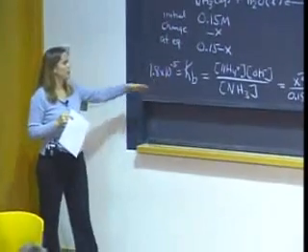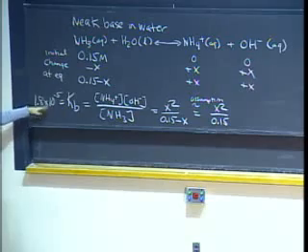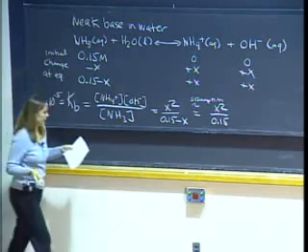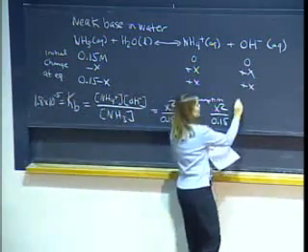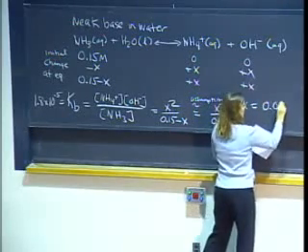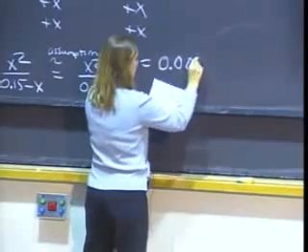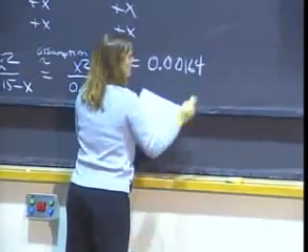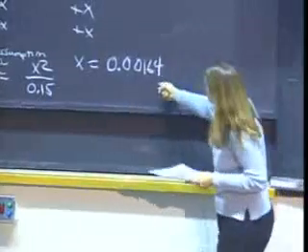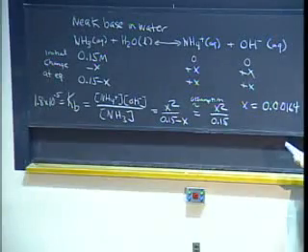So again, it's a weak base. It has a Kb that's less than 1. And so if we solve for x here, we get x as 0.00164. And now we can check our assumption using the 5% rule.